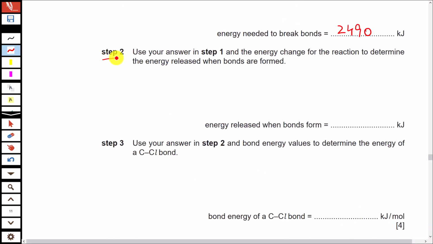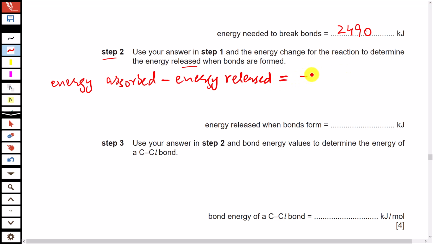Step 2. Use your answer in step 1 and energy change for reaction to determine the energy released when bonds are formed. So energy absorbed minus energy released, it equals -180 kilojoule. This is given in the question.